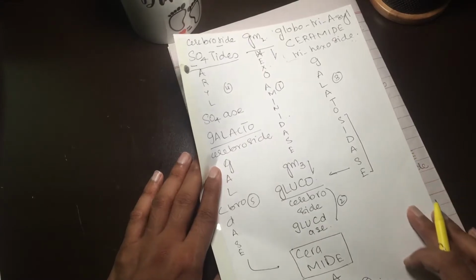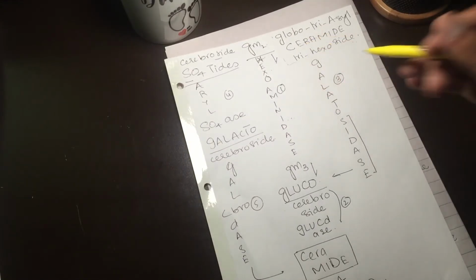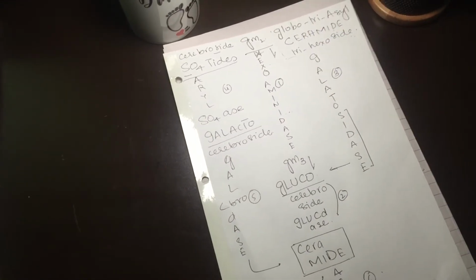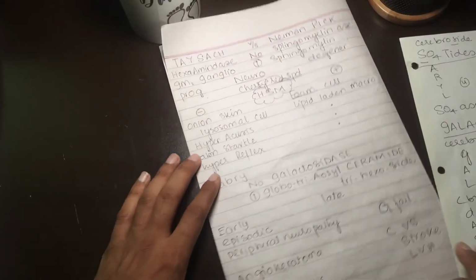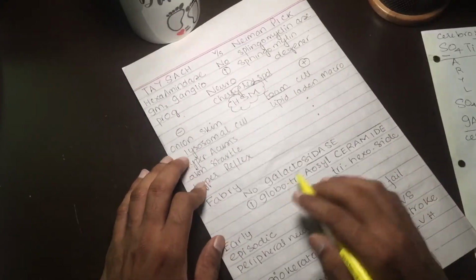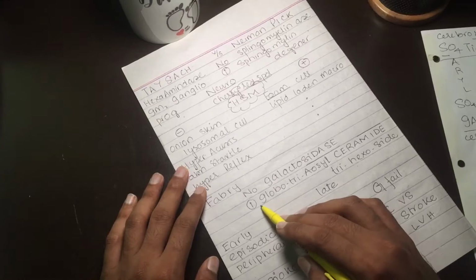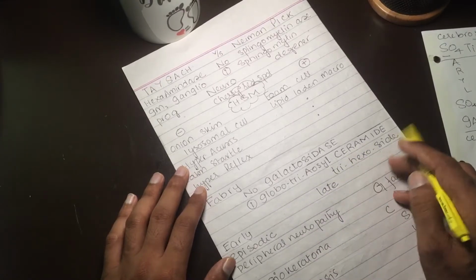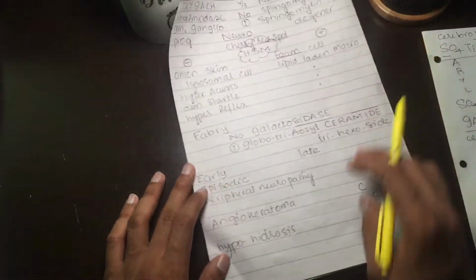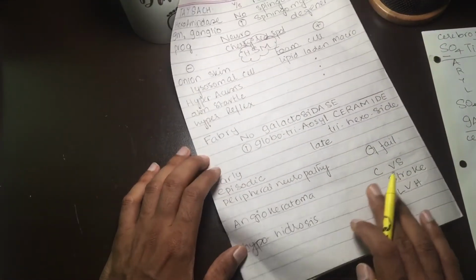If this is deficient, then we have an increased level of globotriaosylceramide, or ceramide trihexoside. So no galactosidase, increased level of globotriaosylceramide, and these lead to a triad or episodic symptoms.